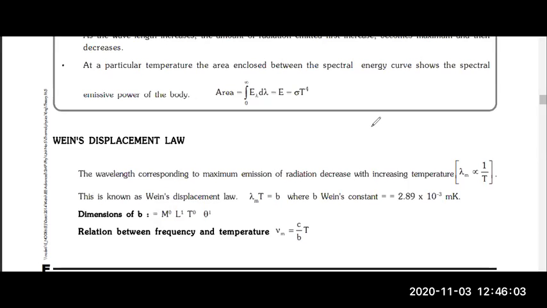So the wavelength for maximum emission of radiation decreases with increase in temperature. So lambda is proportional to 1 by T, or lambda T is equal to constant b. This constant is called Wien's constant. And it is not T to the power 6, it was T to the power 5.